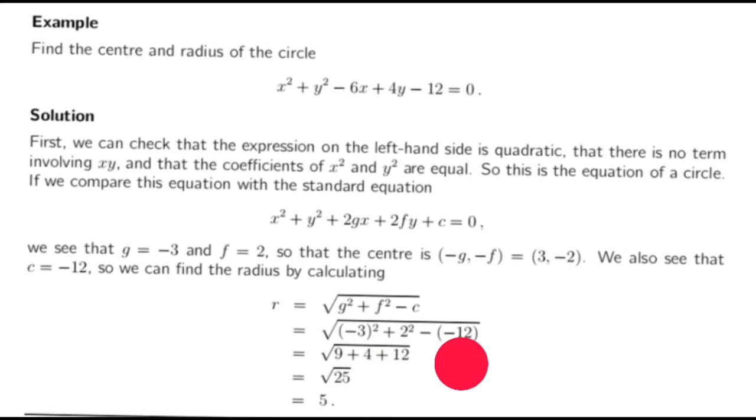Minus of minus 12 means plus 12. So, adding 9 plus 4 plus 12, we get 25 and hence square root of 25 is 5 units. This is how we can find the center and radius of the circle if the general equation of the circle is given.